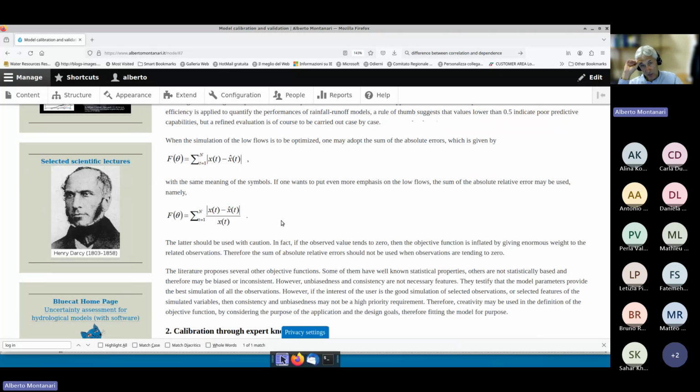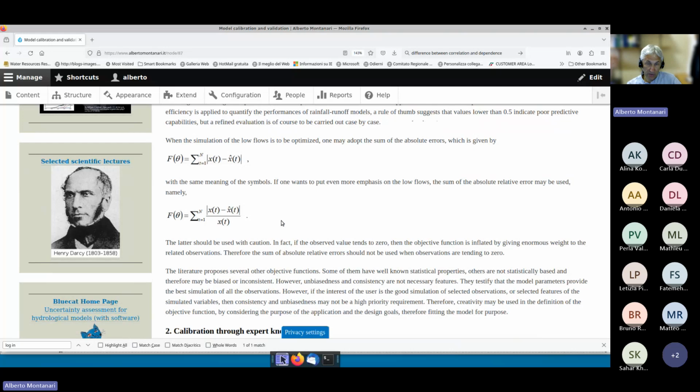And this puts a lot of emphasis on the low flows, on the low values. Clearly, if you have a small error and you divide it by a large observation, the small error becomes really small.